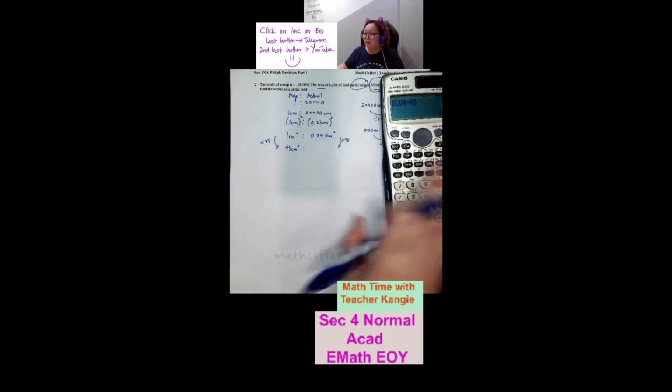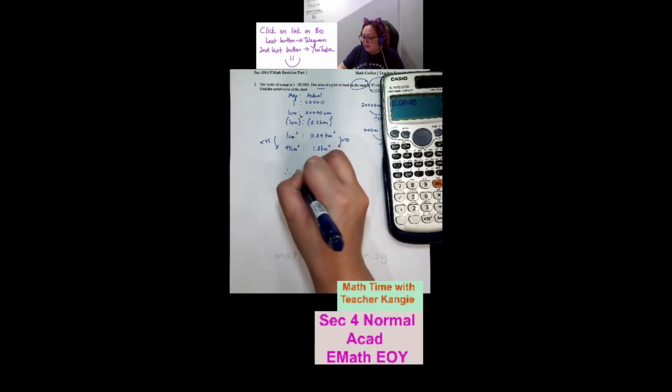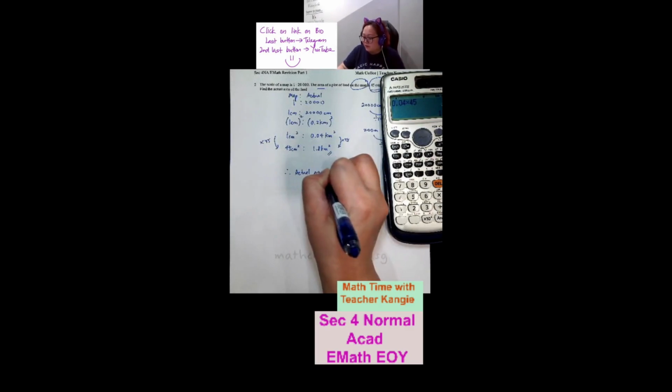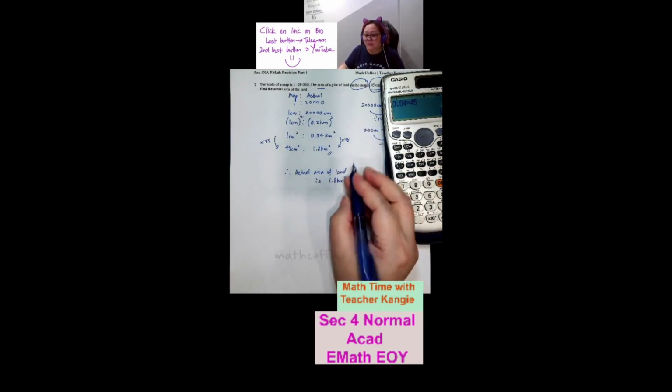So it means that 45 cm square is 1.8 km square. So this is the actual area. So the actual area of land is 1.8 km square. And we are done.